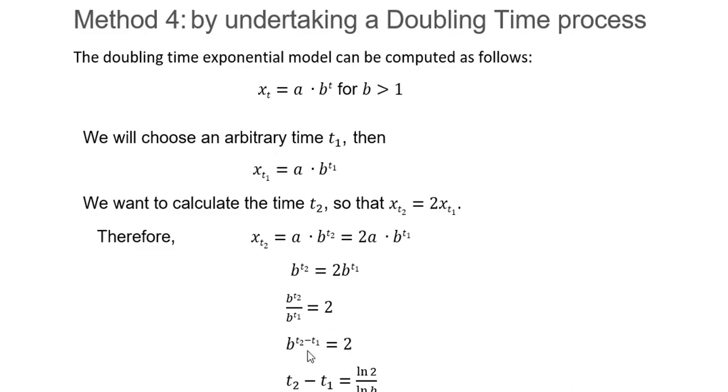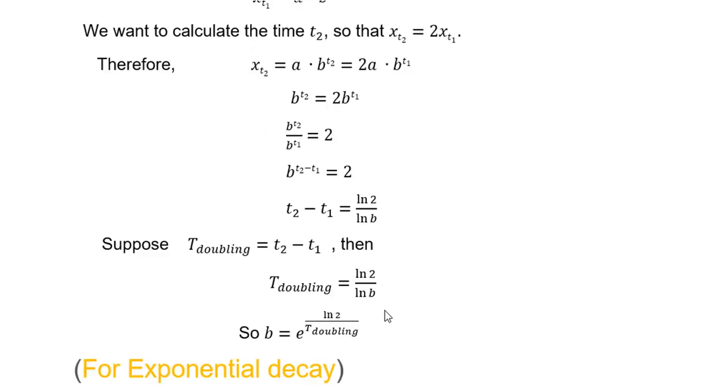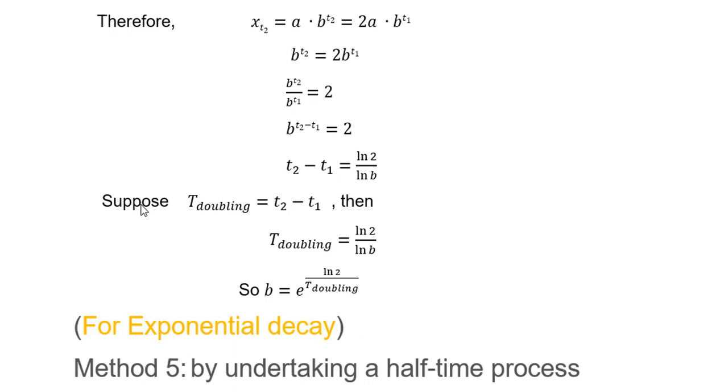Both sides, when we take a natural log, you will get t2 minus t1 equals natural log of 2 over natural log of b. Suppose doubling time t equals t2 minus t1. Therefore, doubling time t equals natural log of 2 over natural log of b.